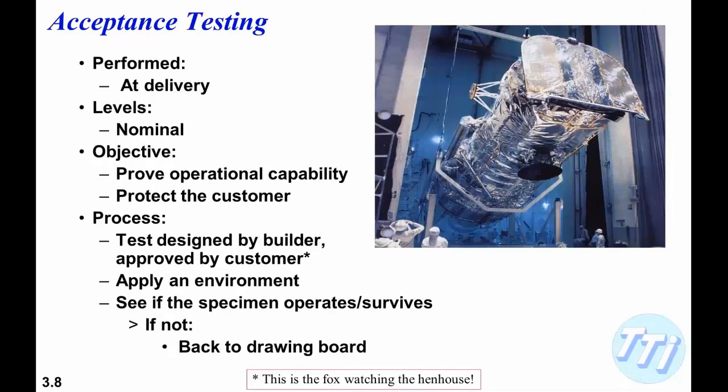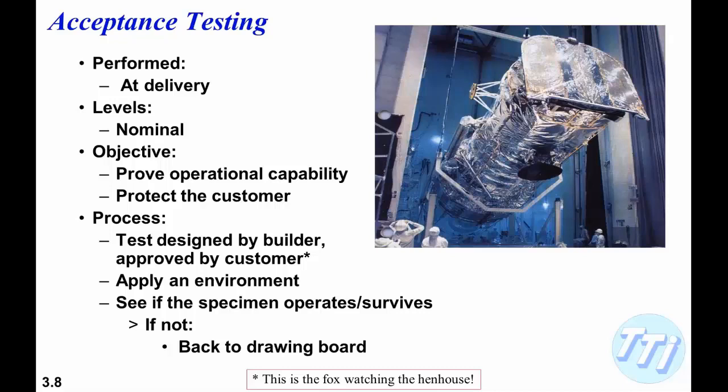Acceptance testing. Again, the Hubble Space Telescope, and acceptance testing is performed at delivery. The levels are nominal. We don't want to break our specimen. The objective is to prove operational capability and protect the customer. So what we're going to do is we're going to design a test.